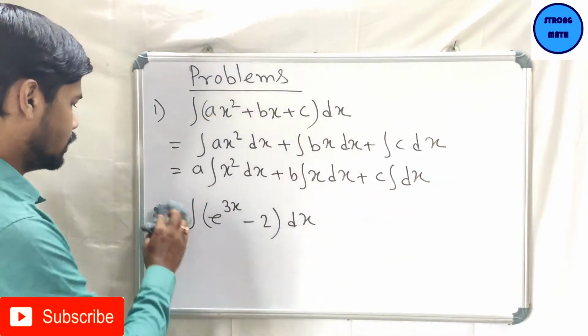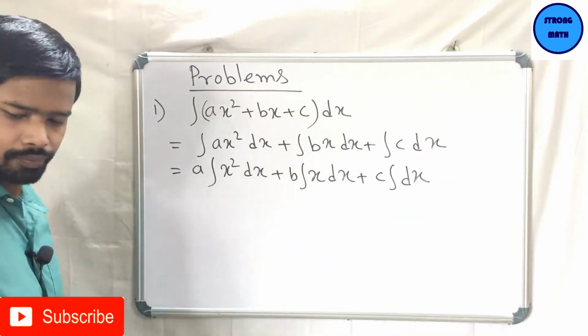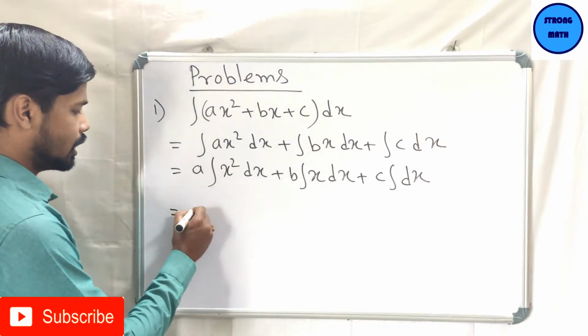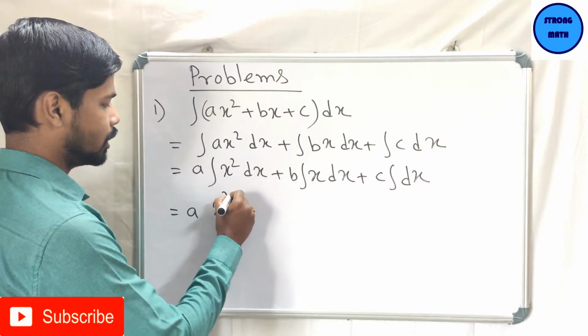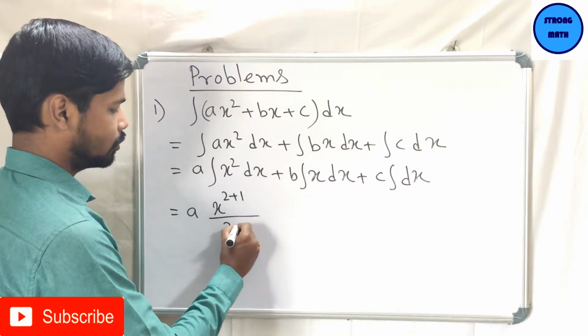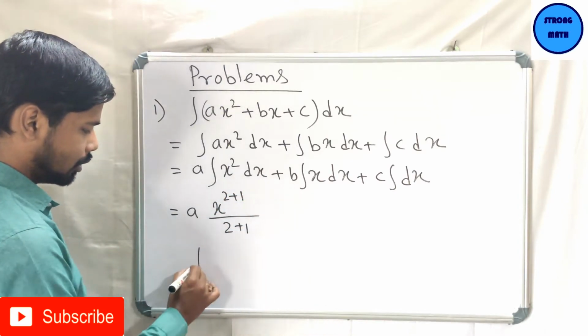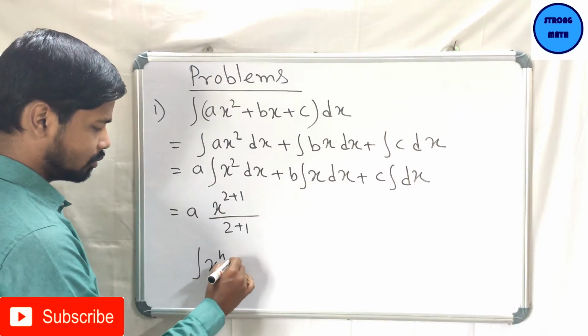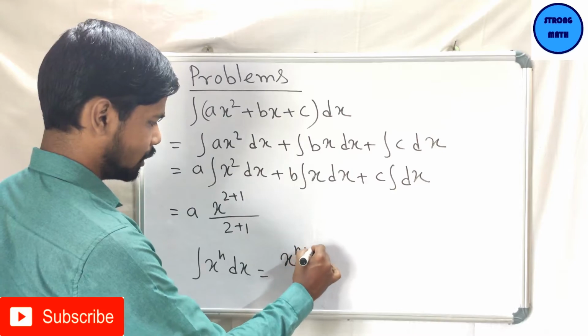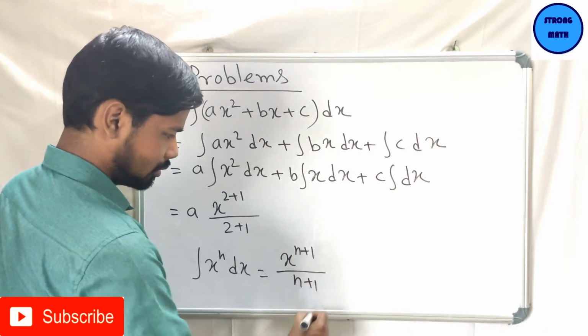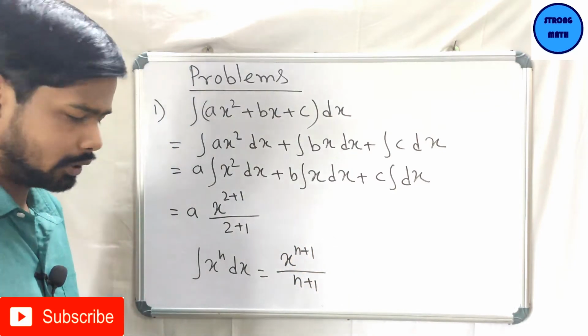Now look, a integration x square is equal to x to the power 2 plus 1 by 2 plus 1, by which law? By this law, integration x to the power n dx is equal to x to the power n plus 1 by n plus 1, right? Okay.